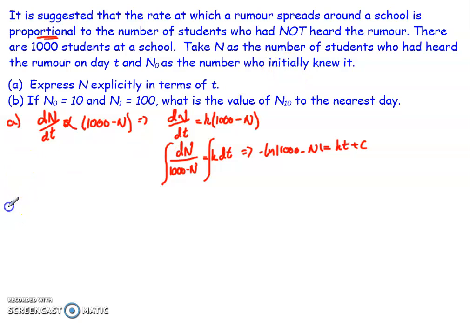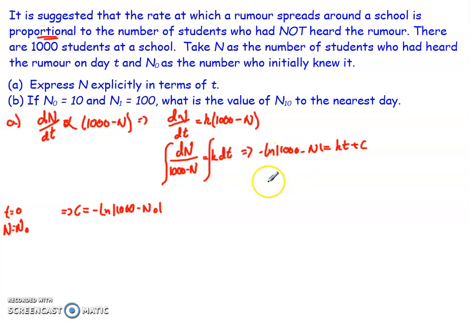So what I know from that is that at t equals 0, N equals N naught. If I substitute all of that into here, my kt will disappear, I'll just have my c left, the N will become N naught, so I can then say therefore c equals negative ln of 1,000 minus N naught.